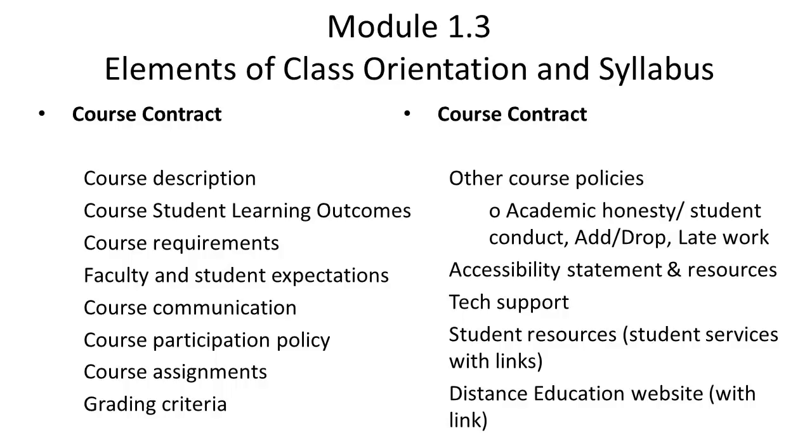You may get information from DSP&S on student accommodations, but you also need to post something in your syllabus regarding access, or your approach to increasing access for students to take your class. And there are a number of boilerplate statements that you can use in your syllabus.